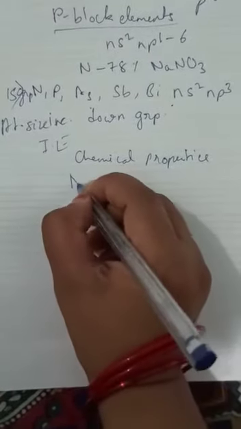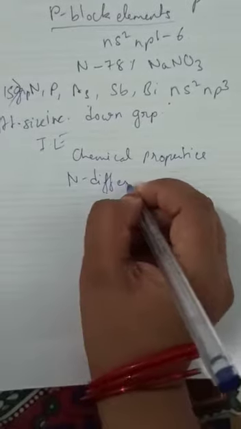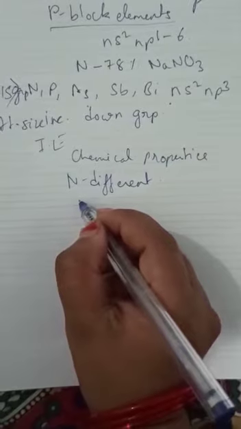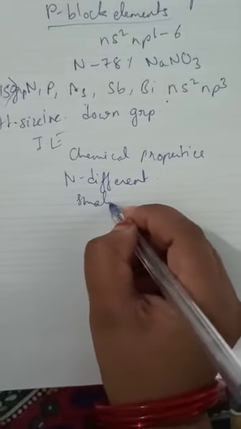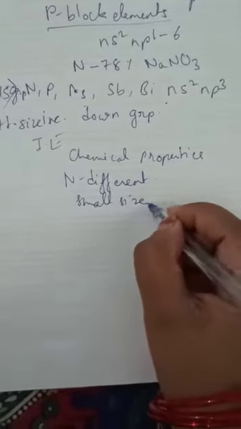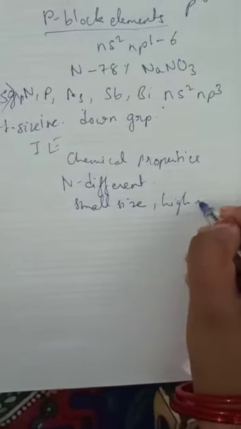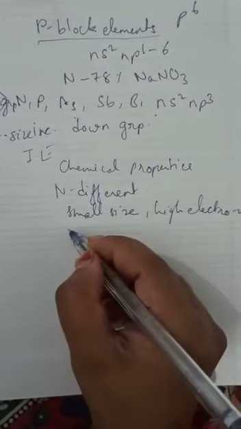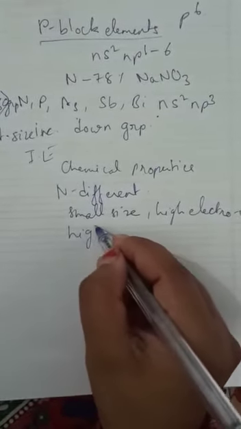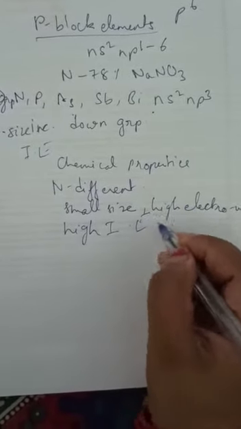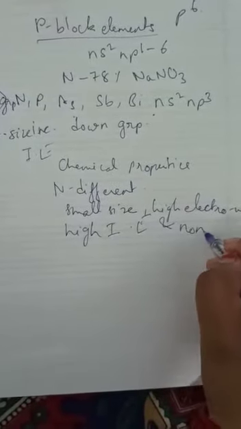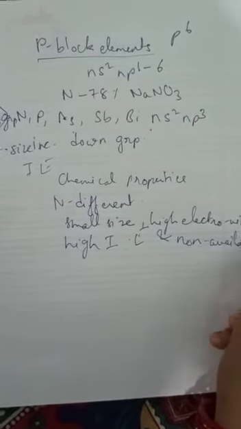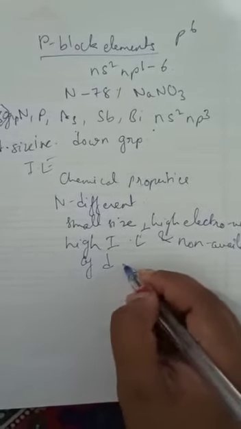Okay, so nitrogen has different properties than the other elements of this group, just because of its small size, high electronegativity, high ionization enthalpy, and non-availability of d orbitals.